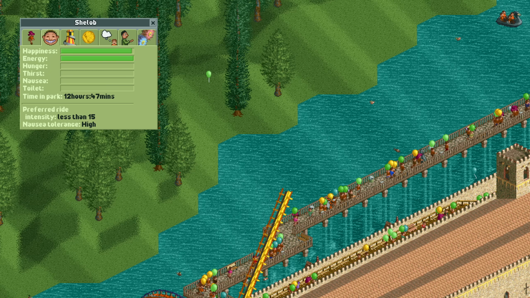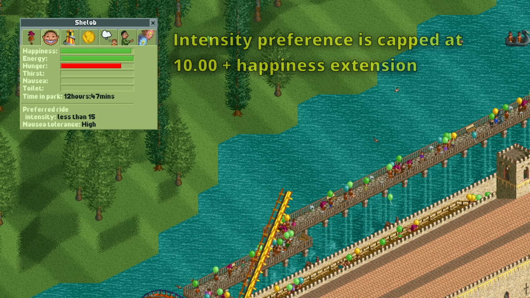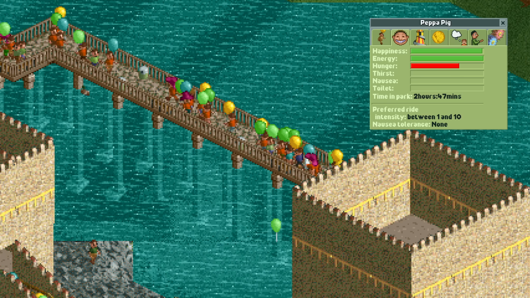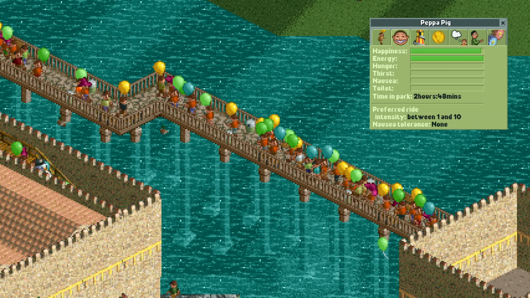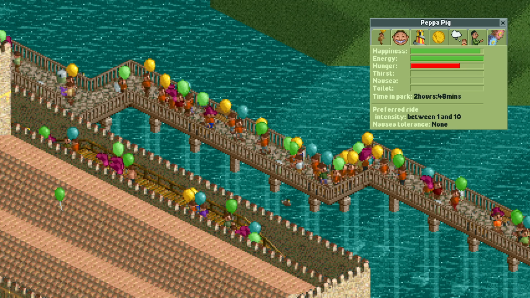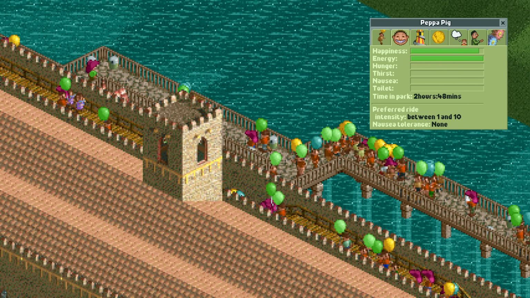As I mentioned before, this upper ceiling of 15 intensity is completely useless as this gets capped to 10 before applying the happiness extension anyway. So in practice, once a guest has reached a range of between some number and 10 or less than 10, there are no more changes to which rides they will go on, even if the numbers do keep going up for a little bit longer.